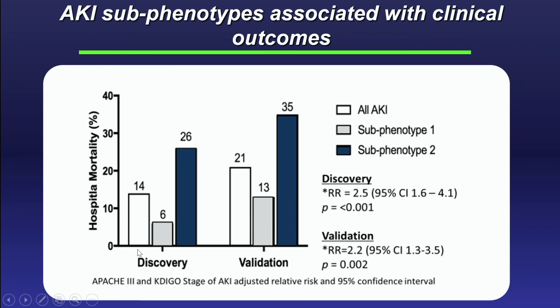In the white bar is mortality overall in all the AKI populations. And as you can see, when you stratify them based on subphenotype 1 and 2, there's almost a 2 to 3 times higher risk of death in subphenotype 2. This is after adjusting for severity of illness based on APACHE, as well as their KDIGO stage of AKI, so their traditional classification of AKI.